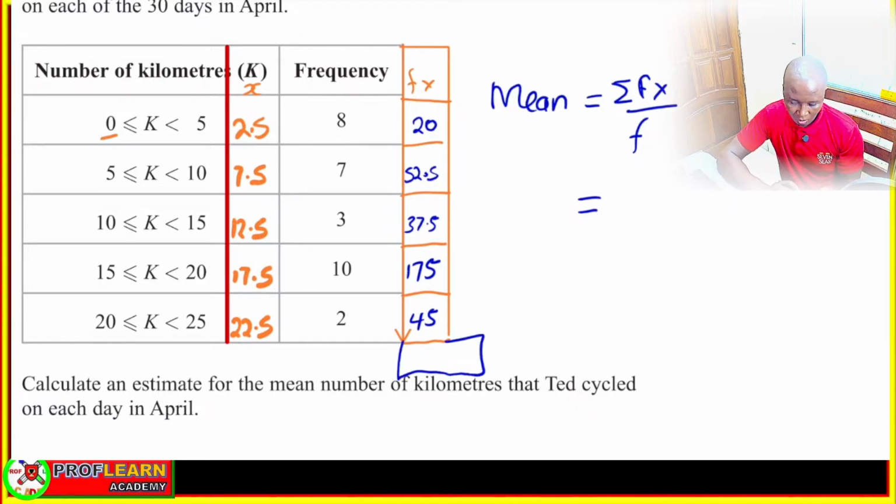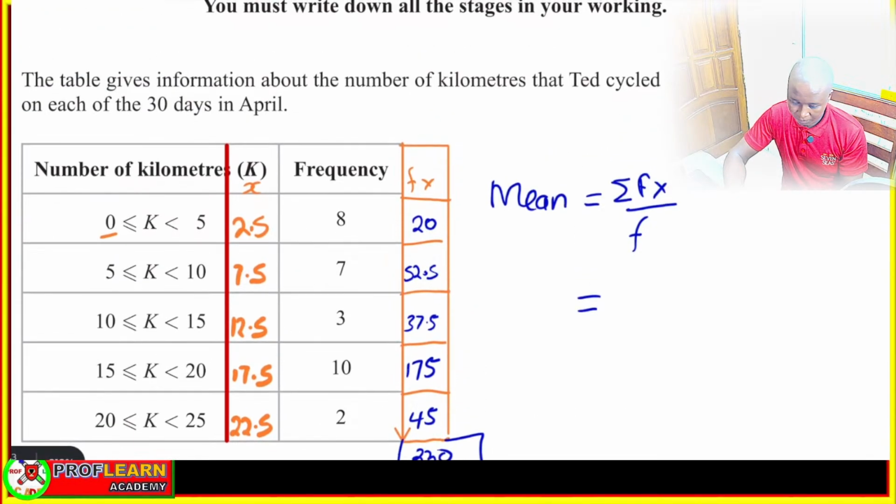So we are going to say that is 20 plus 52.5 plus 37.5 plus 175 plus 45, that translates to 330.